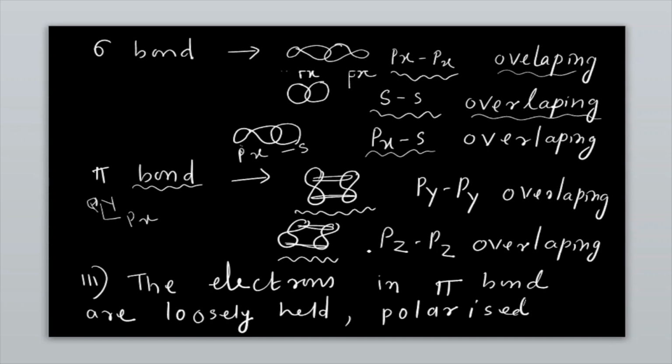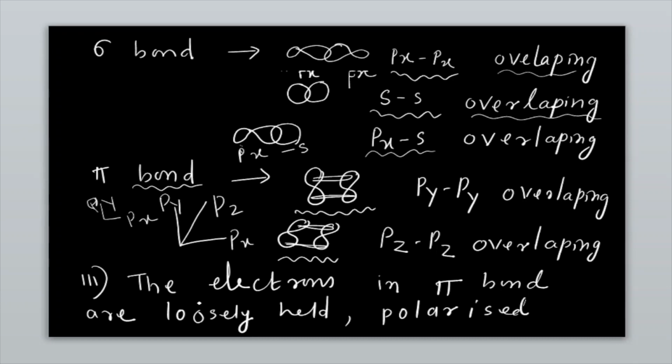Similarly, Pz overlapping is also sidewise overlapping, so it is a pi bond. Here is px, here is py, and in the middle is pz. All the px, py, pz orbitals are perpendicular to each other.